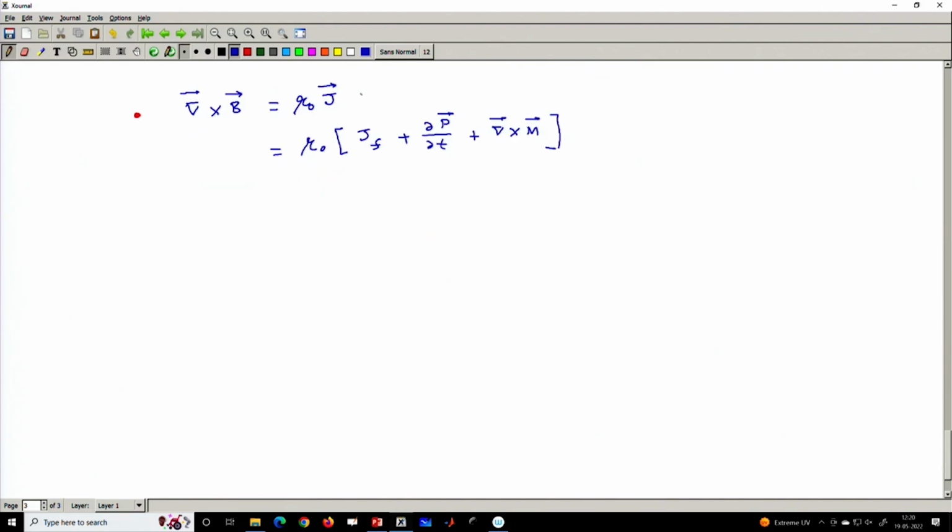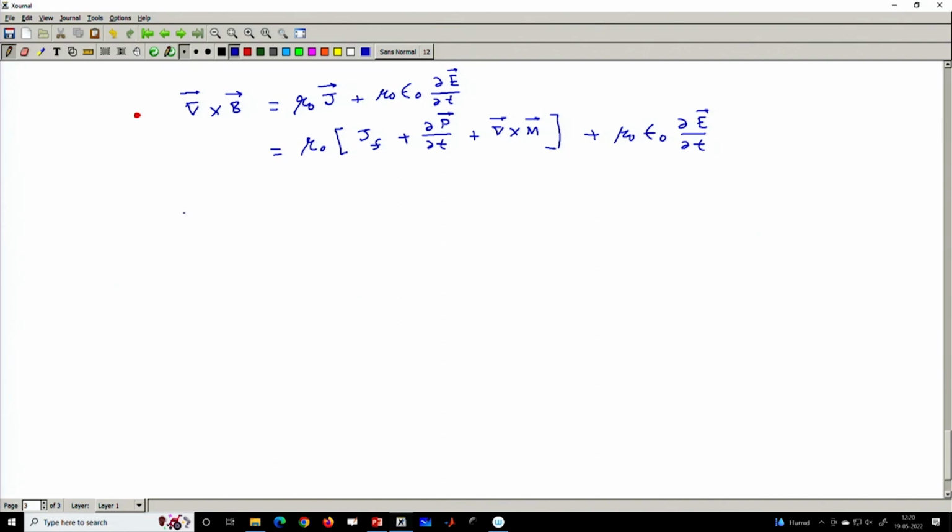And also, let me add this, because this additional term is there in Maxwell's equation, and that is the modification by Maxwell himself, and that is this term mu 0 epsilon 0 del E del t. Let us add this term as well for completeness.